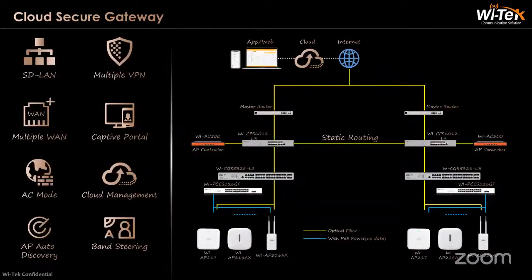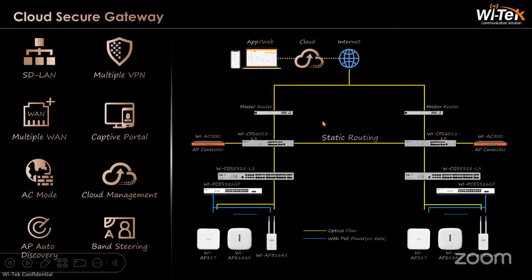Okay, let's move on to this slide. This slide is about the gateway topology. You can have a look. It goes from the Wi-Tek Cloud application and the Wi-Tek Cloud, then enters to have the internet.